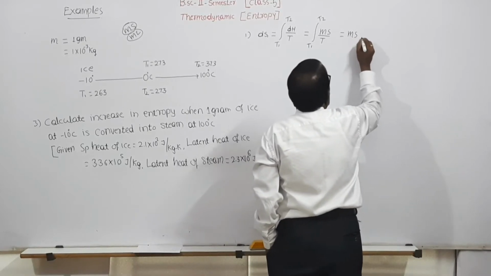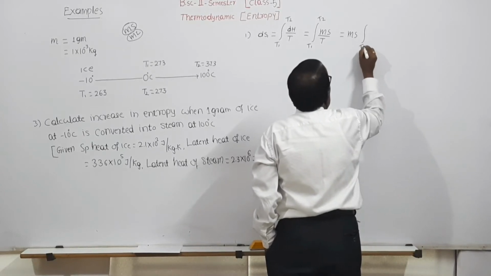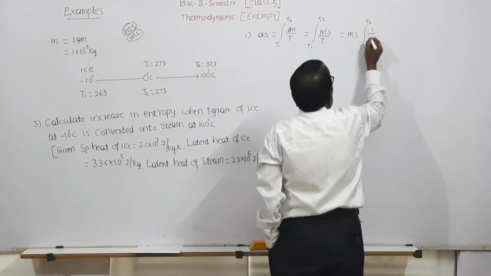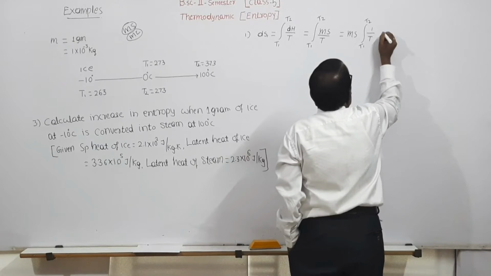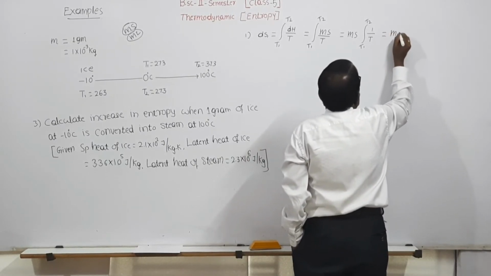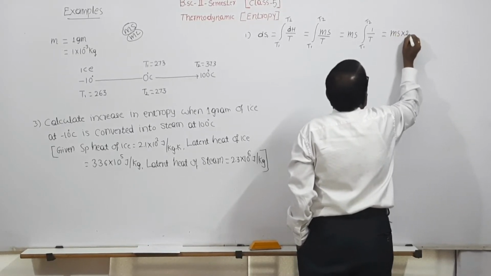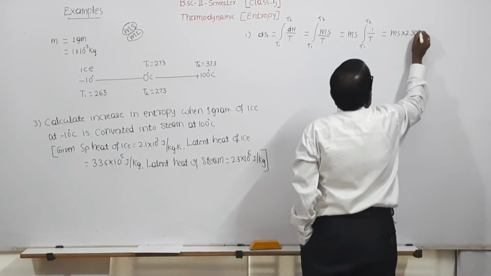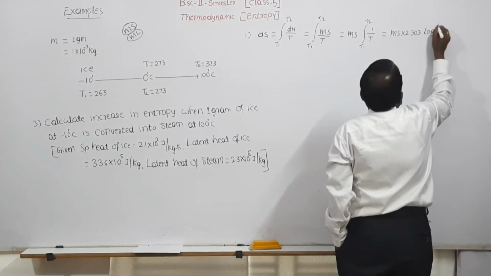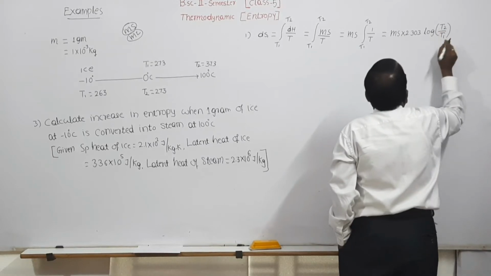This is the integration from T1 to T2 of 1 upon T. This we are going to get as M into S into 2.303 into log of T2 by T1. After simplification, you are going to get this formula.